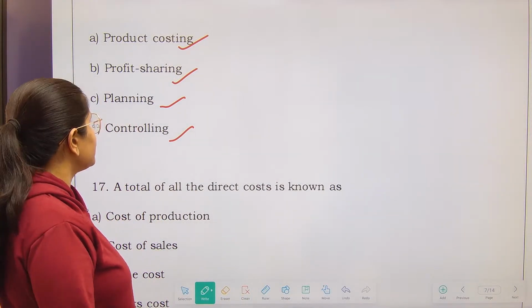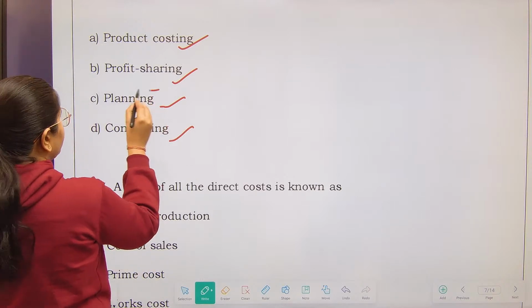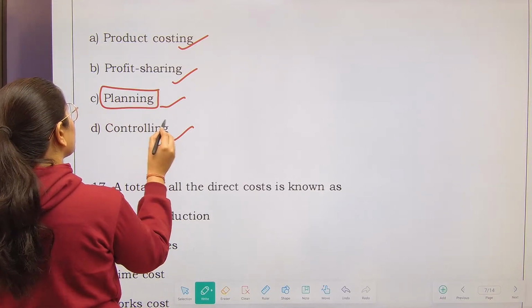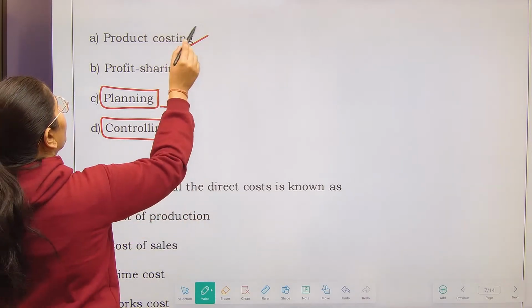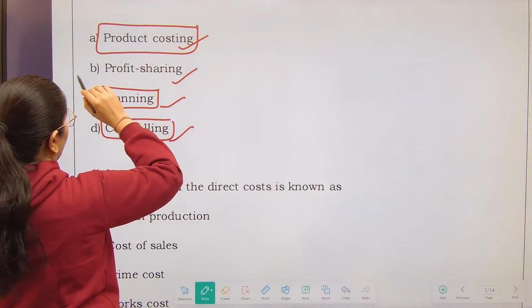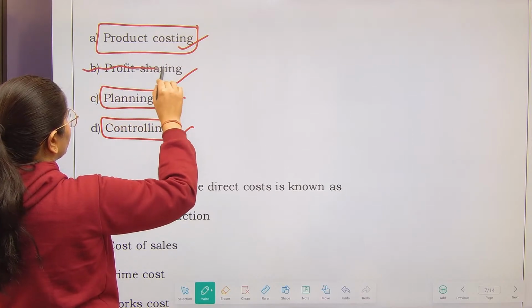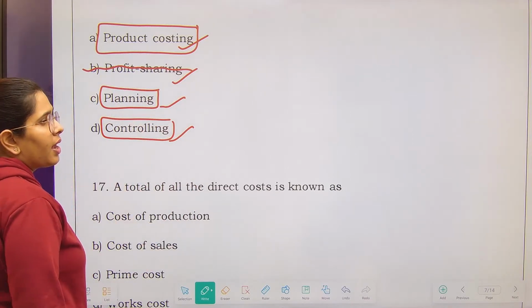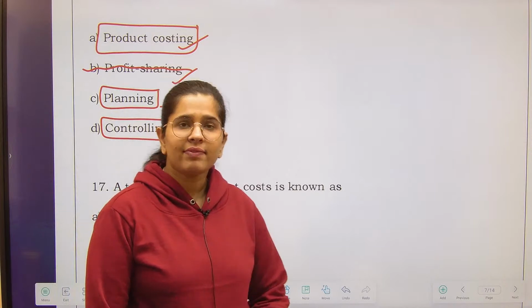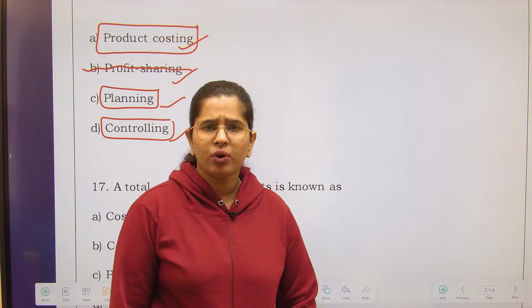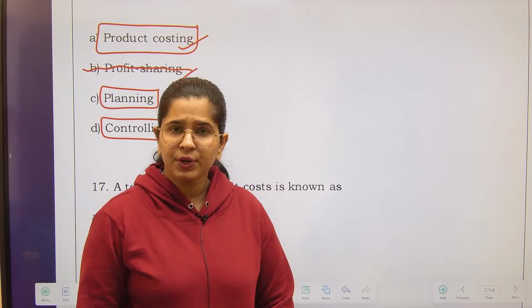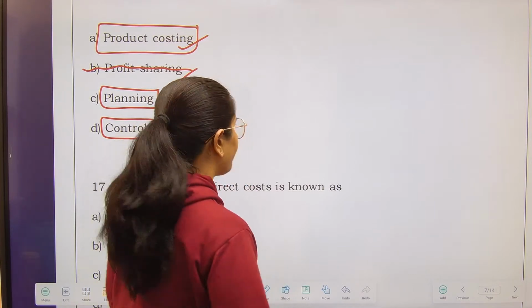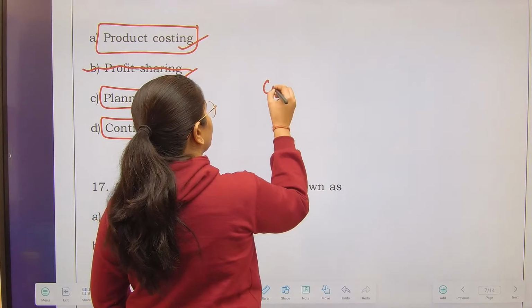So in this particular scenario, we do plan for our cost. Controlling the cost is the major part of cost accounting. Product costing is also a major part, but profit sharing is not. Here, if someone will say that ma'am, in the cost accounting, we do estimate the profit. Yes, we do estimate the profit. We do make costing P&L.